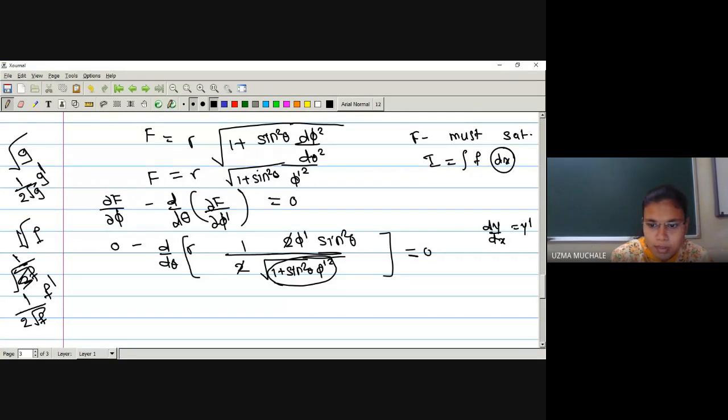This minus sign we can merge out, and the resultant term is: d by d theta stays as it is, then r, then phi dash, then sine square theta. Okay, r phi dash sine square theta divided by under root of 1 plus sine square theta phi dash square, which is equal to 0.